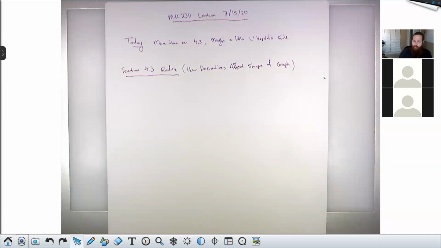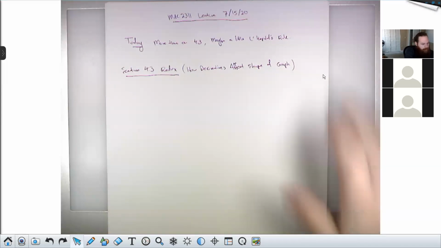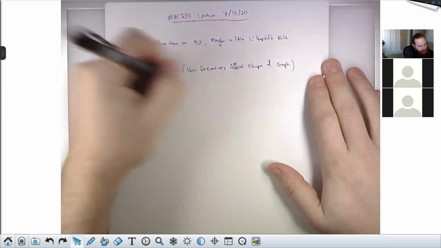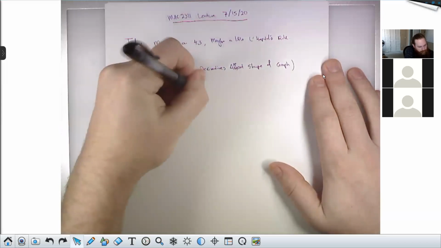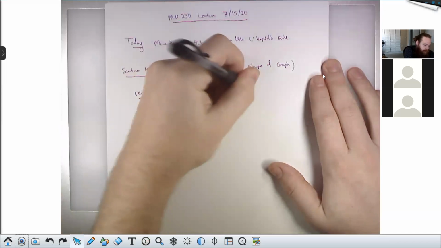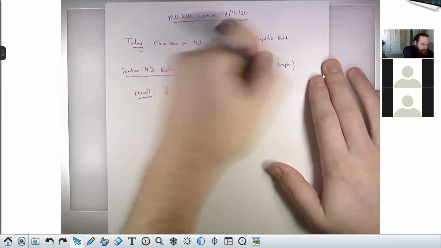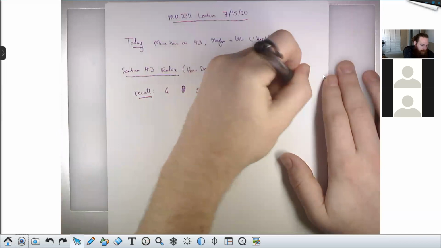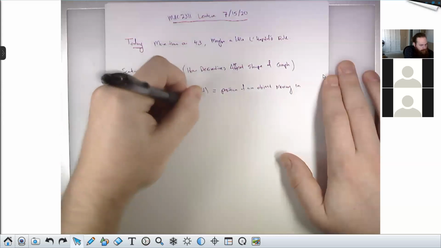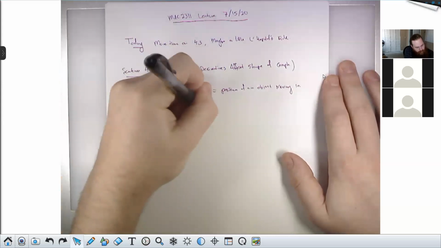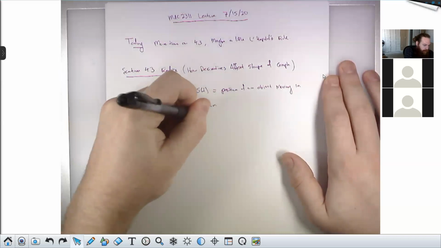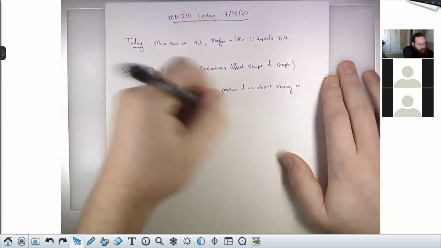Acceleration is the second derivative of your position. So recall, if s of t is the position of an object moving in a straight line, then v of t, which is the derivative of s, is called the velocity.